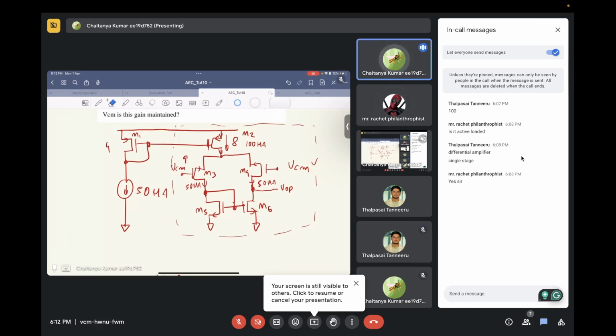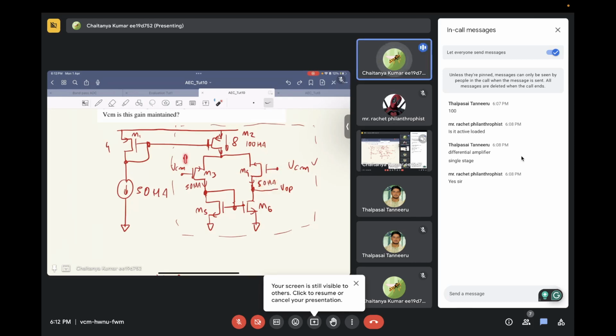Now what is happening is more current is being pumped into this node VOP because this is still maintained the same, and less current is being pulled out of this node VOP. So what will happen to the voltage of the node VOP? It will increase.